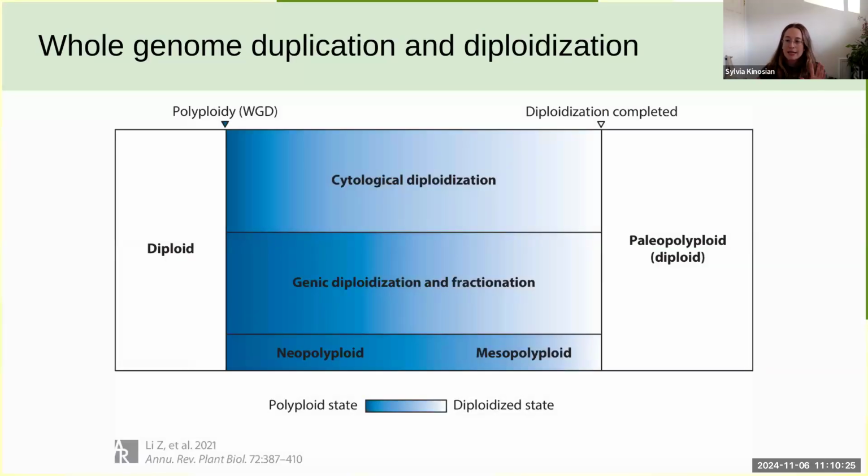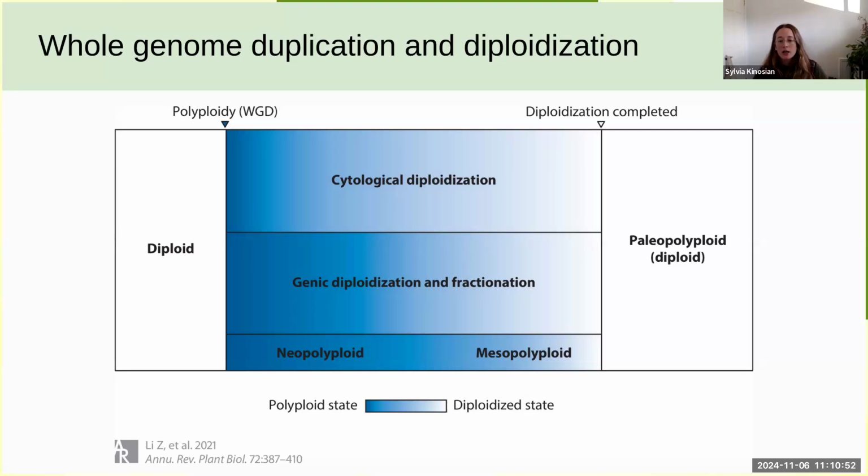And so this is just a schematic to understand the spectrum of diploidization. And then there's two main aspects of this. So we have cytological diploidization, as I mentioned before, which is a return to diploid inheritance. So you just have two chromosomes pairing at meiosis rather than multisomic inheritance with multiple chromosomes pairing, as well as some physical downsizing and loss of genetic material through genic diploidization and fractionation.